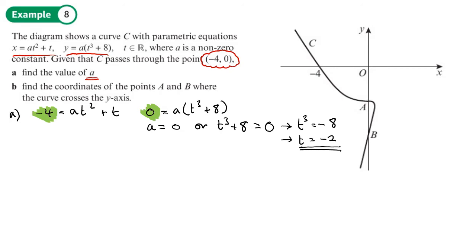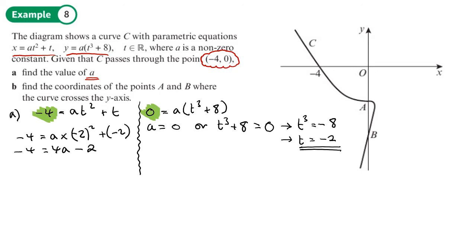Okay. If I then put this value of t equals -2 into this equation, I should be able to work out the value of a. So let's do that. I've got -4 equals a times (-2) squared plus (-2). So we'll tidy that up. That will give us -4 equals 4a minus 2.